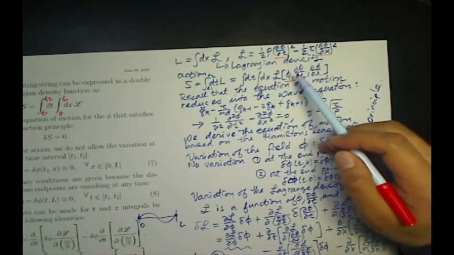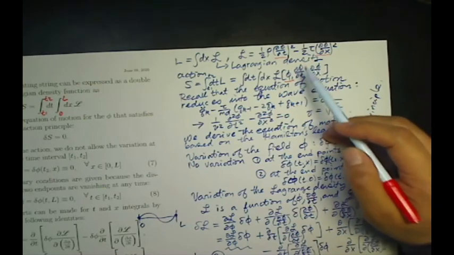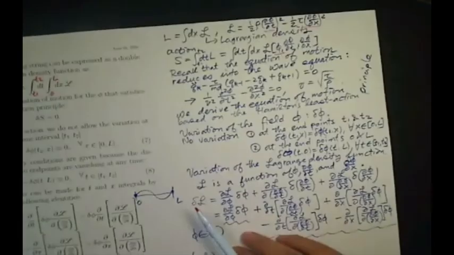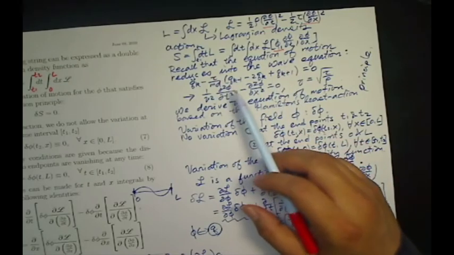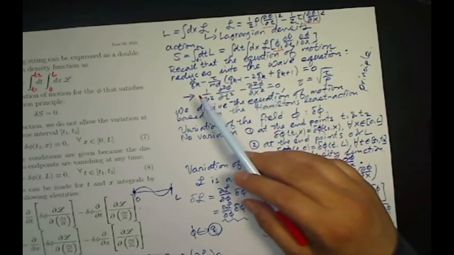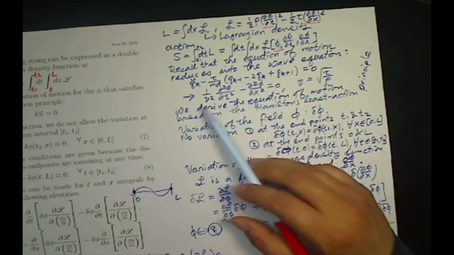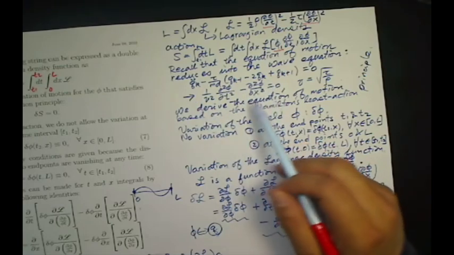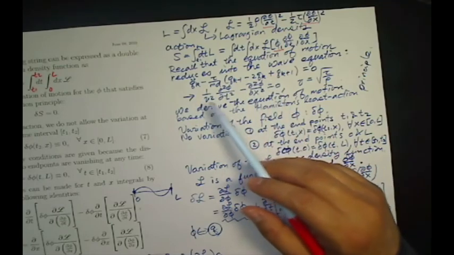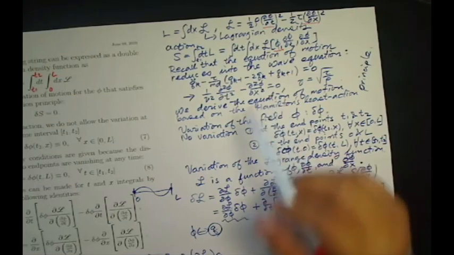Therefore, the variation should be made in terms of these three variables by making use of the chain rule. We recall that the equation of motion in the continuum limit was the wave equation. If we do the right thing, then the equation of motion, that is the Euler-Lagrange equation, after our derivation should be the same as this wave equation.